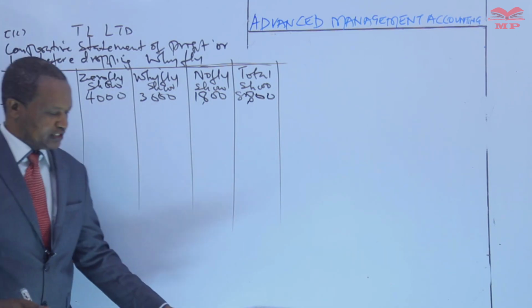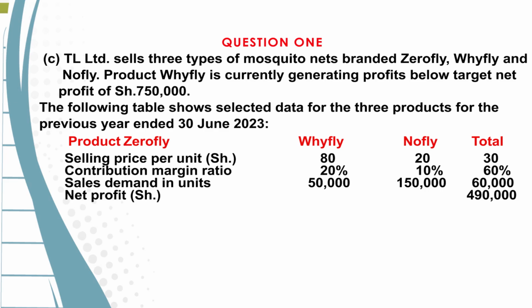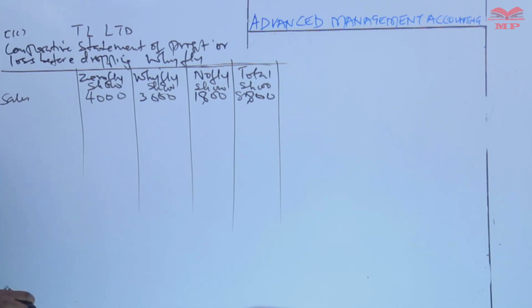And we read here, candidates, that the company prepares statements on marginal costing basis. Marginal is very important to underline. Therefore, here we need to determine the next item, which is variable costs.